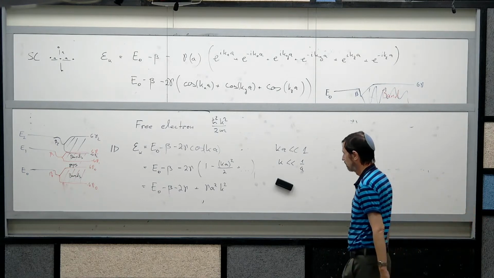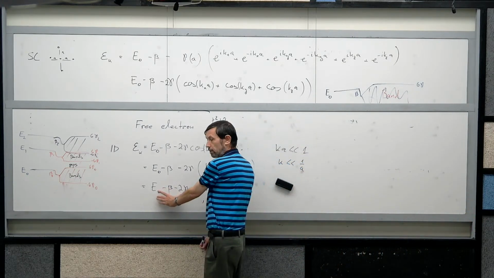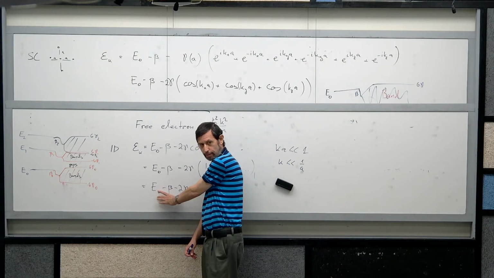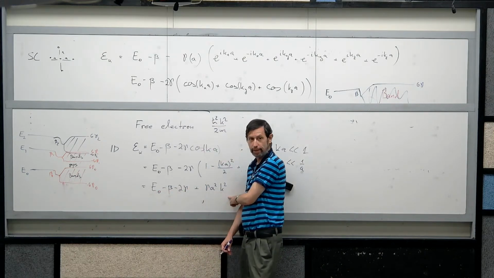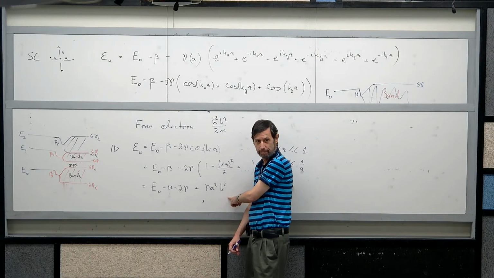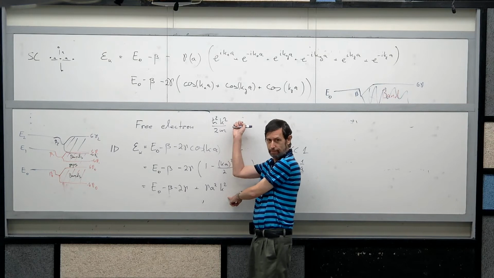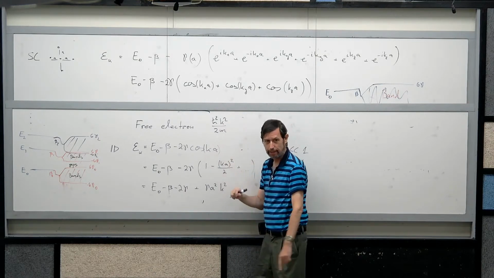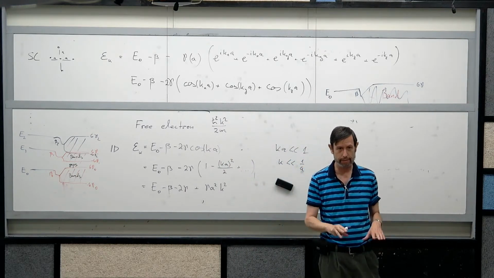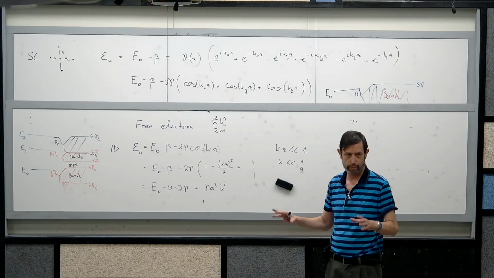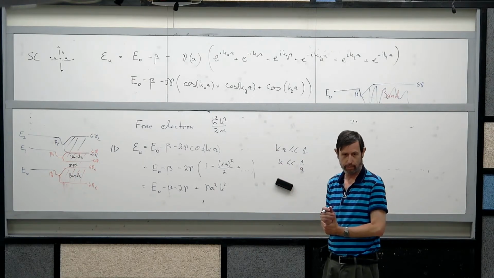This point is just the lowest energy in the band. The dispersion relation is just k squared, exactly the same as we have gotten from the free electron model.